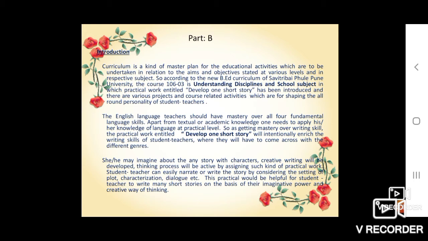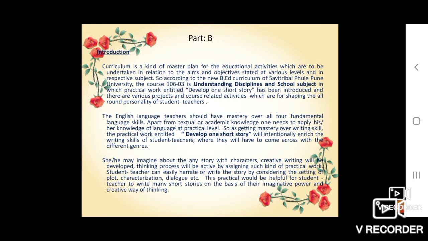It is a kind of master plan for educational activities to be undertaken in relation to the aim and objectives stated at various levels and in the respective subject. According to the new B.Ed curriculum of Savitribai Phule Pune University, the course 10603 is Understanding Disciplines and School Subject, in which the practical work entitled Develop One Short Story has been introduced.